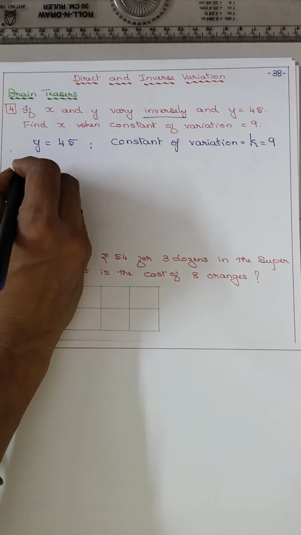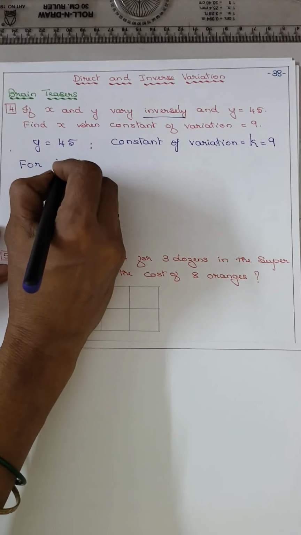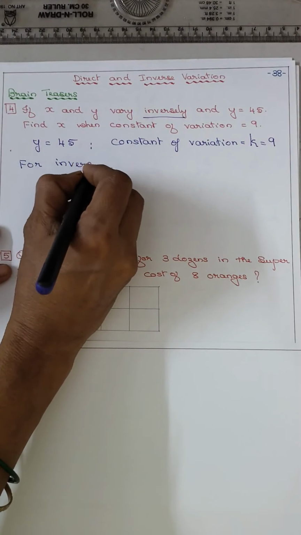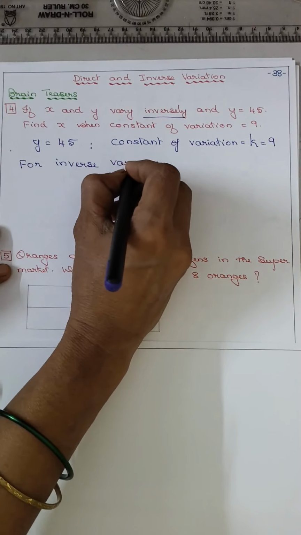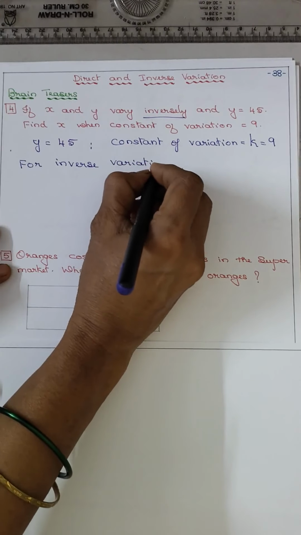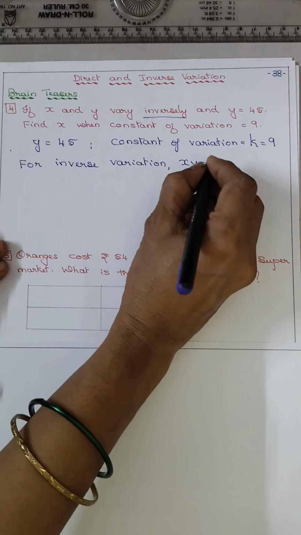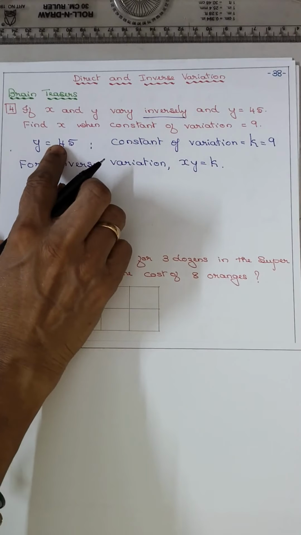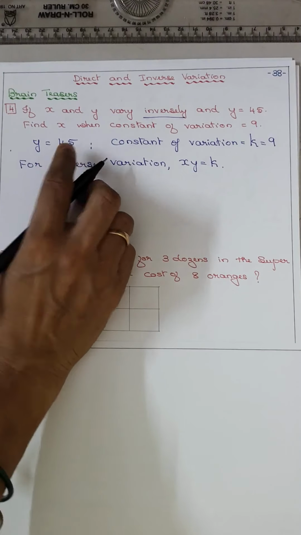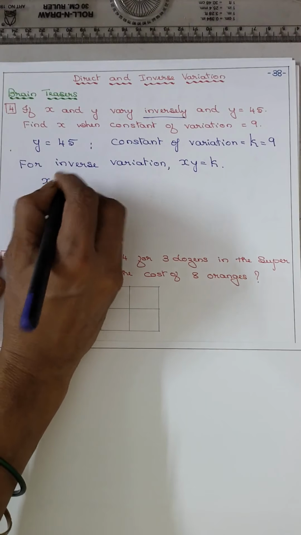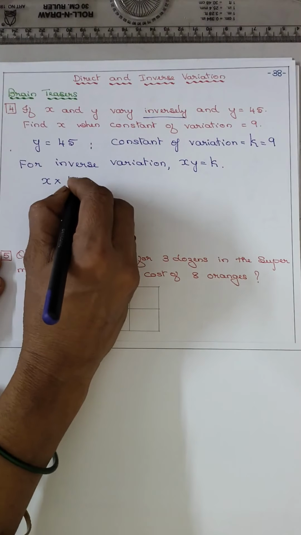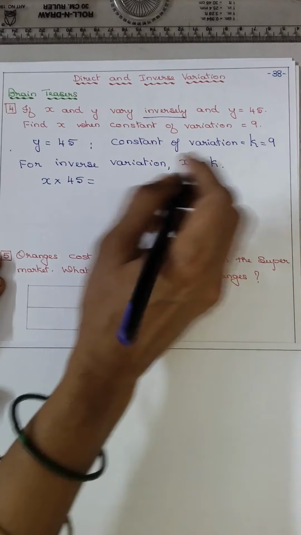Now for inverse variation, formula is xy is equal to k. Now x you have to find out. So x as it is, y is 45 and k is 9.